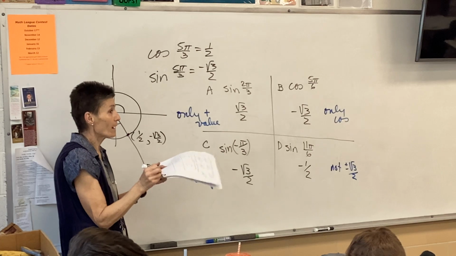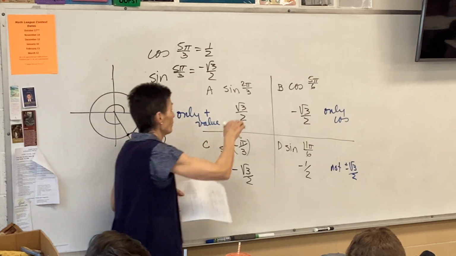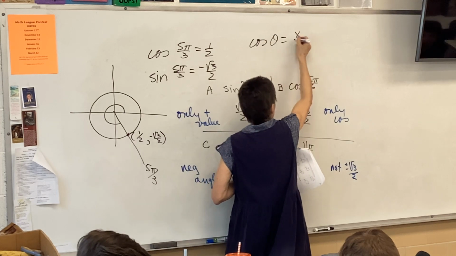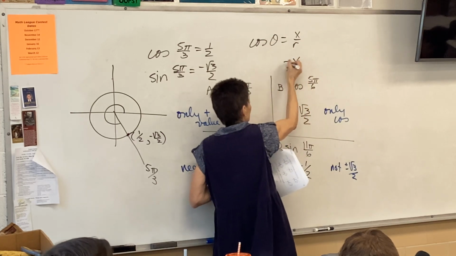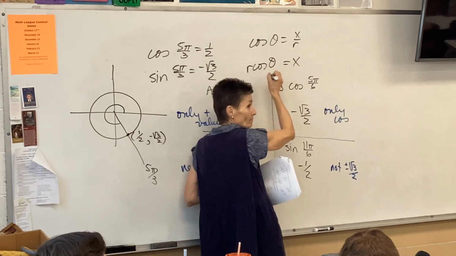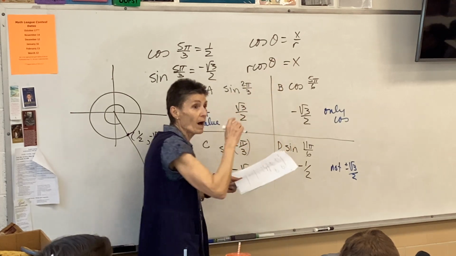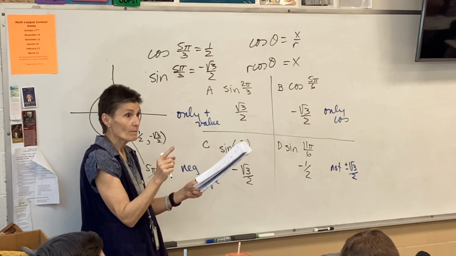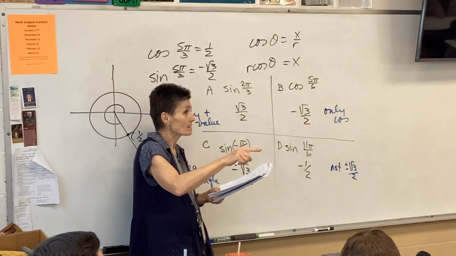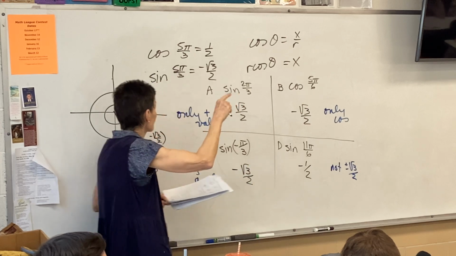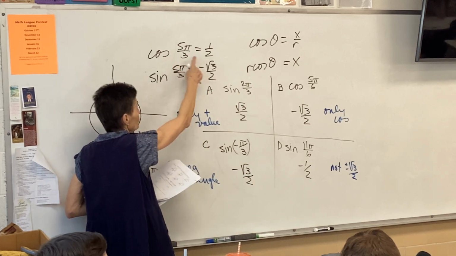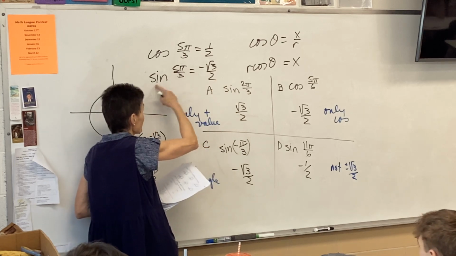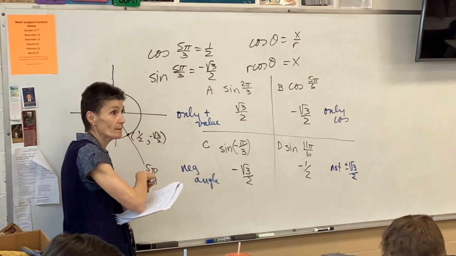Now, keep in mind, a couple days ago, we talked about the fact, well, we've been talking about it all day, cosine is x over r, so x equals r cosine. So if I want to find the coordinates of point B, the radius is 2, so don't I just take 2 times the cosine to get the x coordinate, and 2 times the sine to get the y coordinate?